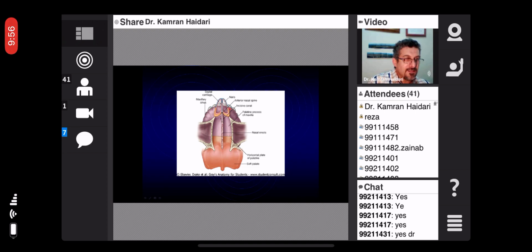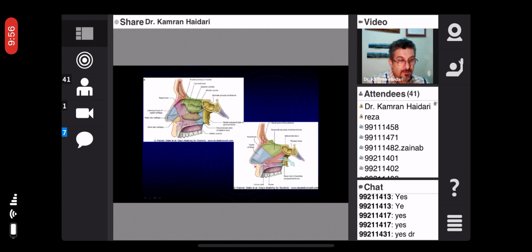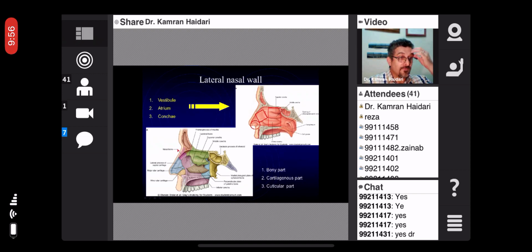You can see here the greater alar cartilage, and this is the medial crus, lateral crus of the major alar cartilage. And you can see the contribution of the medial crus of the major alar cartilage in the medial wall of the nasal cavity. This contribution, I mean. Okay? Alright, anyway.